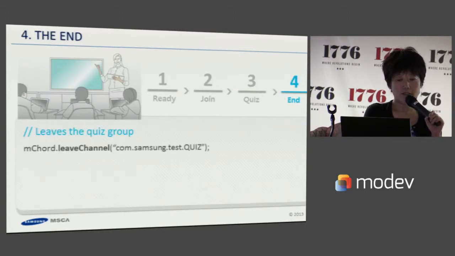So once this is done, you can just invoke the leave channel API call to withdraw from the private channel. Fairly simple, right?